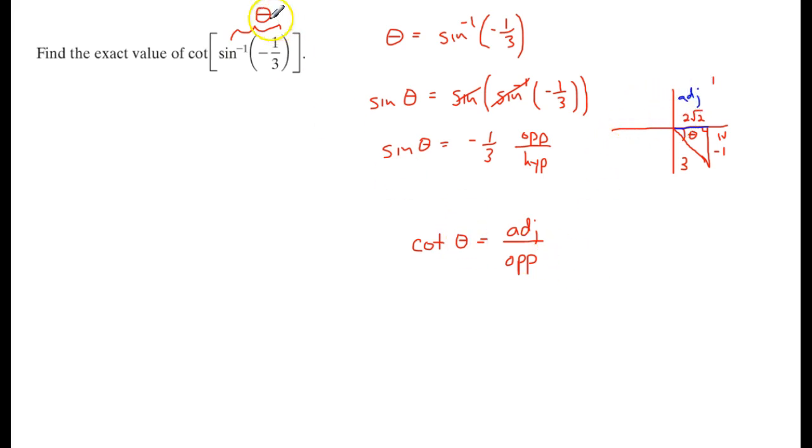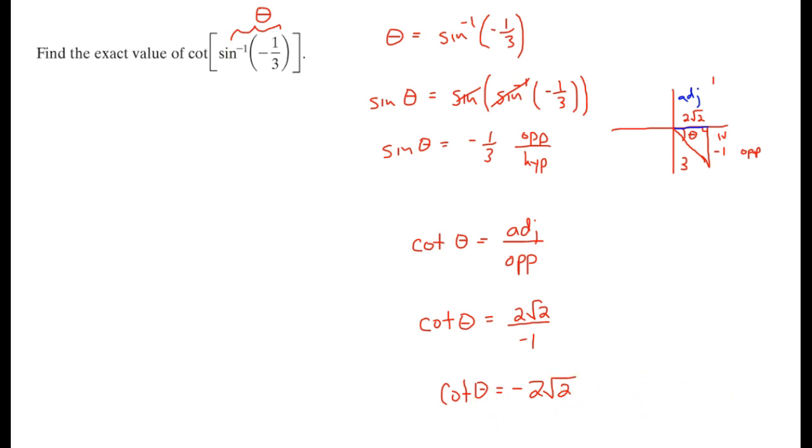And the opposite side is the one that we came up with before, which is just -1. So the cotangent of the angle is equal to the adjacent, which is 2 times the square root of 2, divided by the opposite, which is -1, which means the cotangent is just -2 square root of 2.